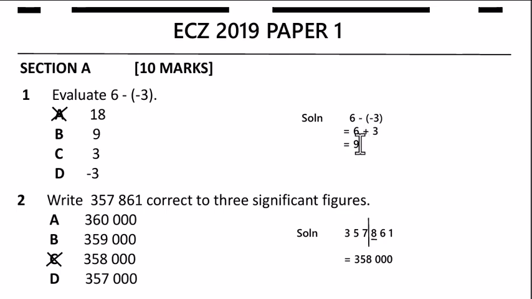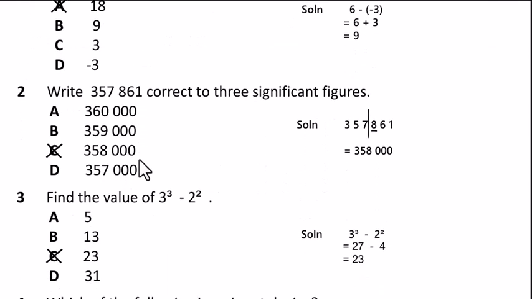So we're going to have 6 plus 3, which is equal to 9. So our answer in this particular case is 9, not 18. Okay, we move on to question 2.